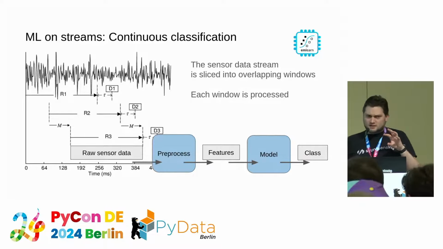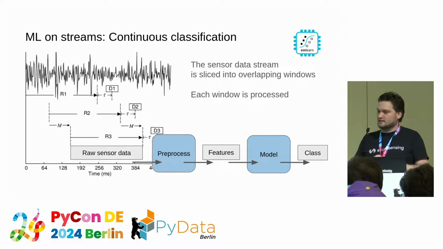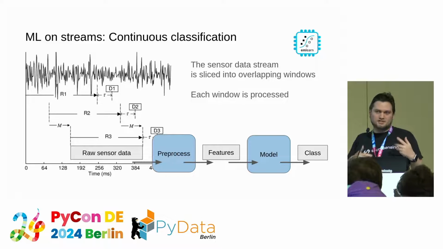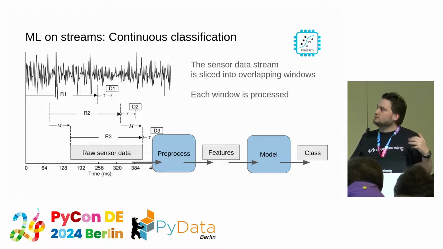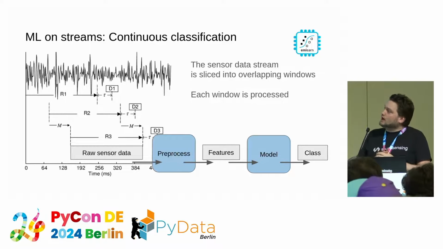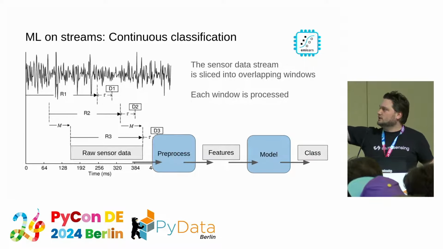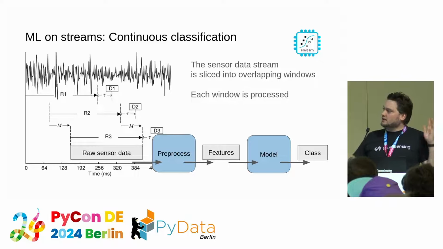One thing that's maybe not familiar to you when you are doing this with sensor data, accelerometer, for example, or sound, is that it's a continuous stream of data, and then your model needs a fixed-length set of data. So how do you get these worlds to combine? The standard approach is that you take your stream of input data and you slice it into windows.